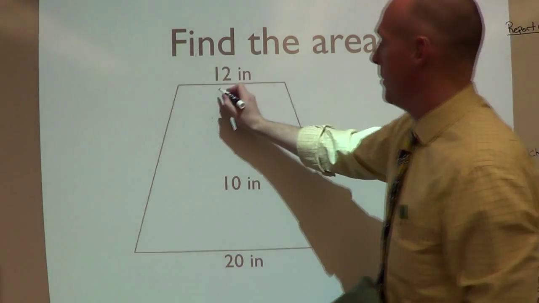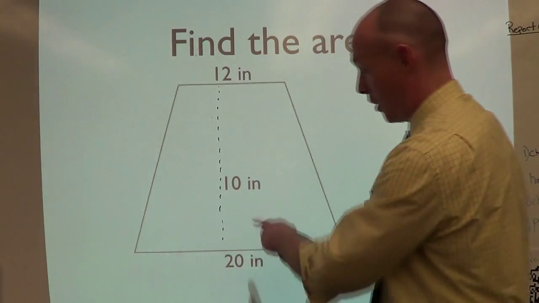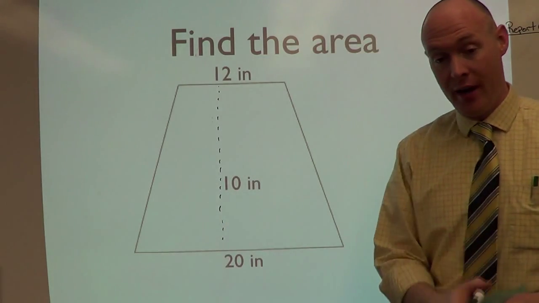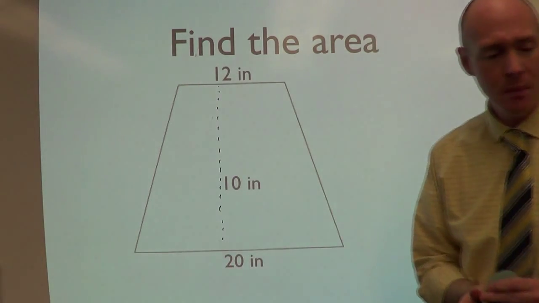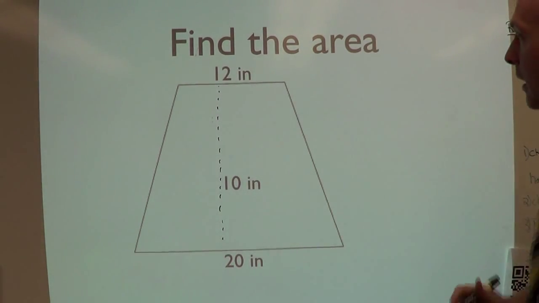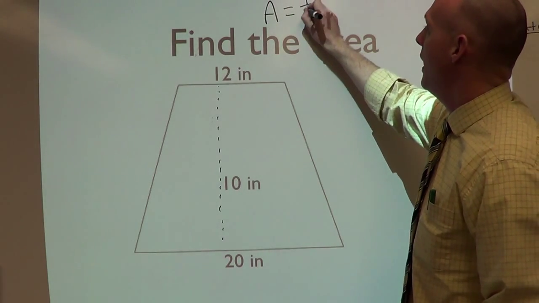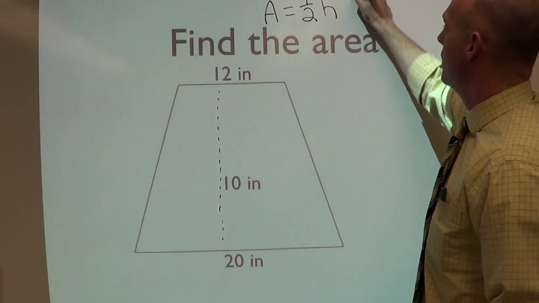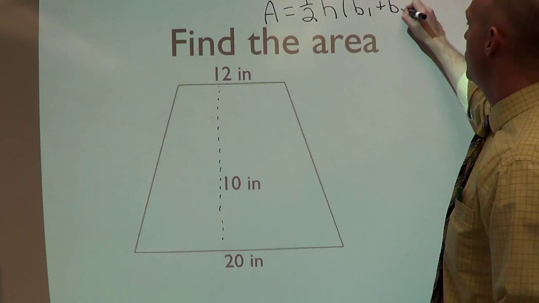Let me just draw the dotted line to show that that 10 inches is actually the height. So please, on your note page, make sure to put that dotted line in there. So using our formula of area equals 1/2 of the height times B1 plus B2.